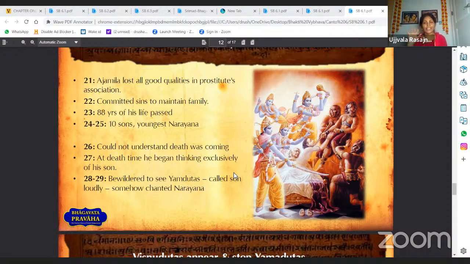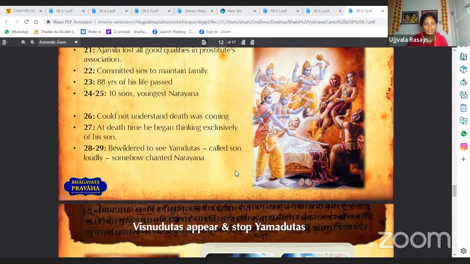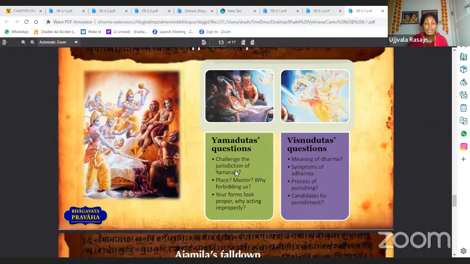So as soon as he uttered that name, Narayana, four Vishnudutas came. Na, Ra, Ya, Na. Four Vishnudutas came. And then he saw these four Vishnudutas questioning the Yamadutas.